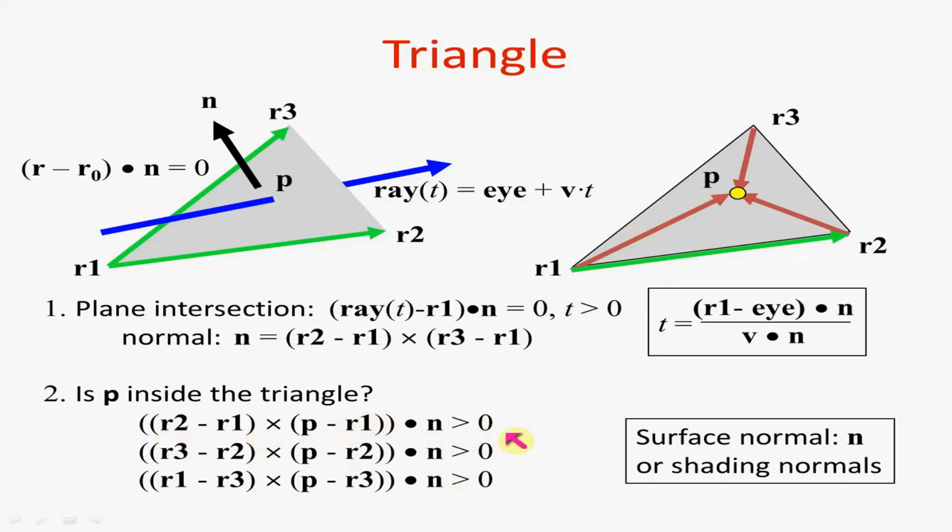If it's on the bad side, so this inequality is not met, we can terminate further calculations and say that P is not inside of the triangle. However, if all three edges indicate that P is on the good sides of these edges, then P must be inside.